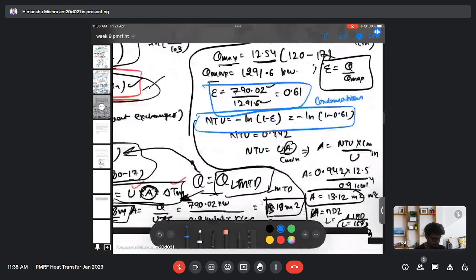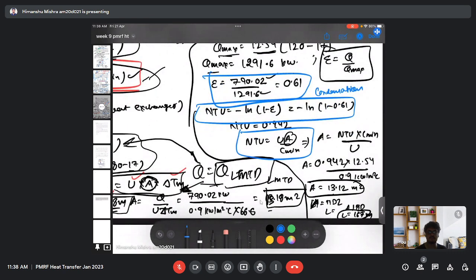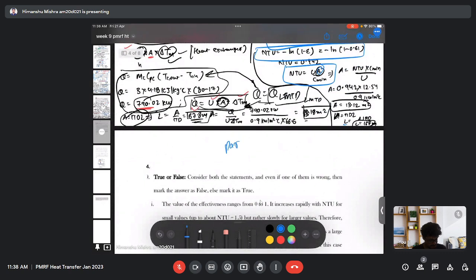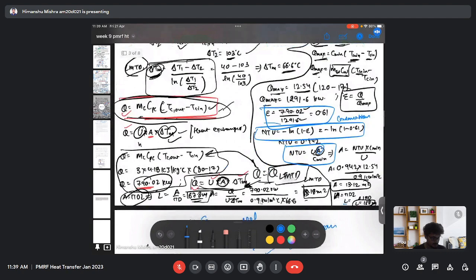So once you got NTU, you can use the general formula for the NTU to calculate the area and then length. So basically, for the parallel flow heat exchanger, for the counterflow heat exchanger, for evaporation, and for condensation, for these four cases, you can use the formula to calculate NTU or the effectiveness, like such formula.